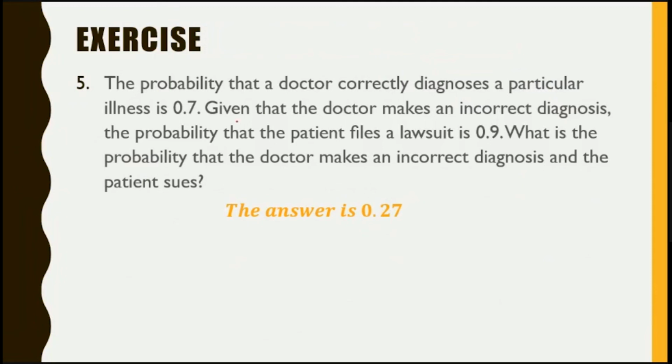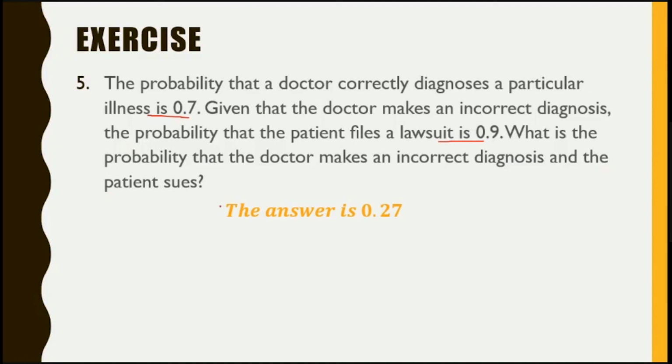The probability that a doctor correctly diagnoses a particular illness is 0.7. Given that the doctor makes an incorrect diagnosis, the probability that the patient files a lawsuit is 0.9. What is the probability that a doctor makes an incorrect diagnosis and the patient files a suit?